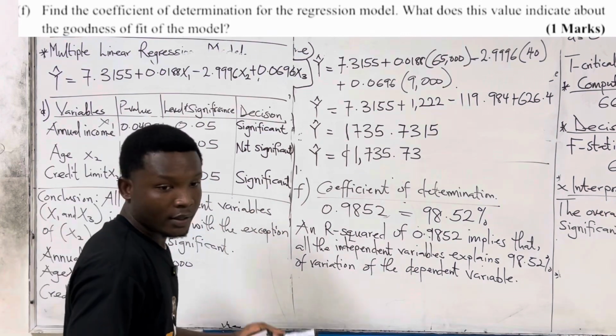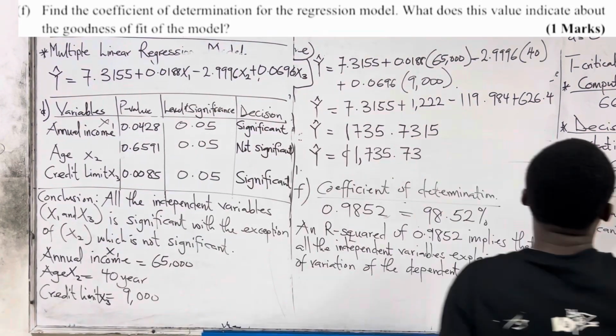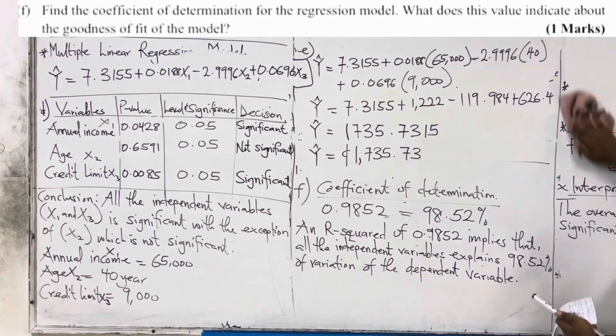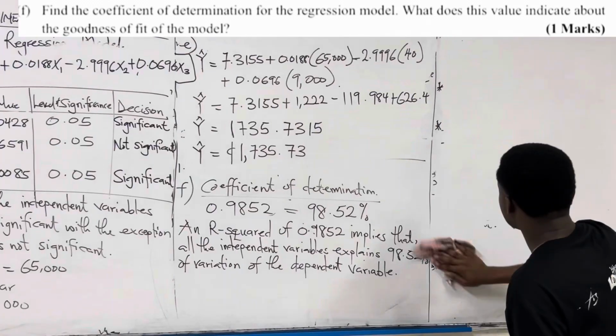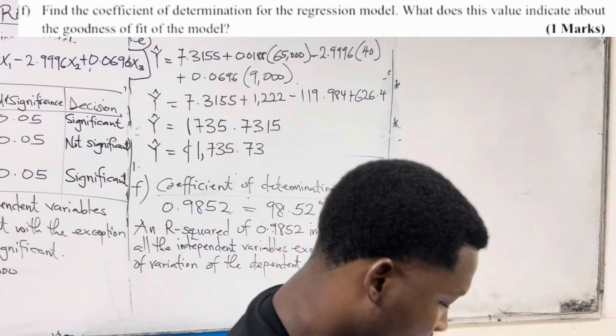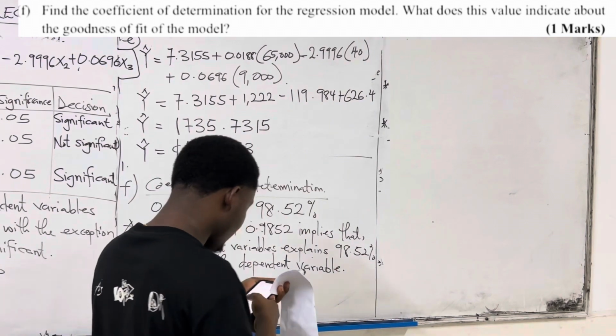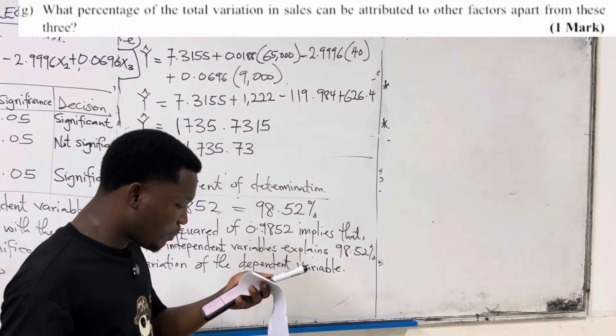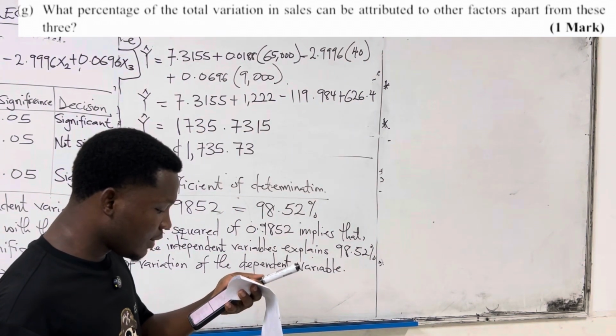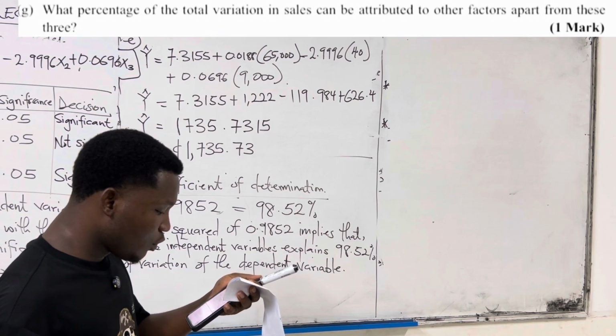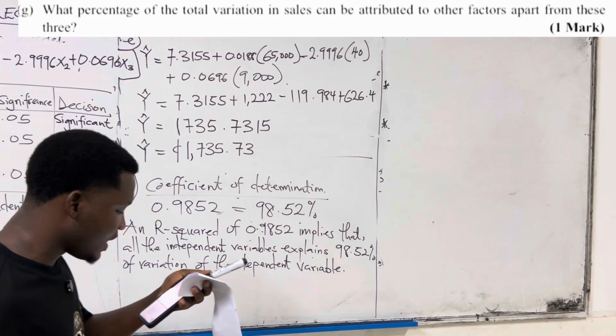So the J also says, state what percentage of the total variation in sales can be attributed to other factors apart from these three.